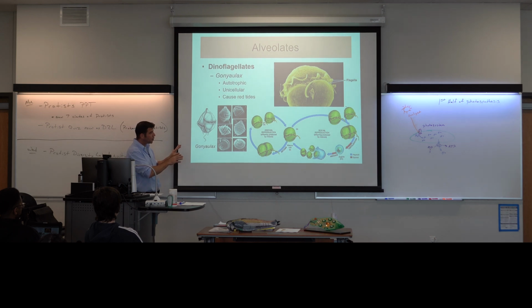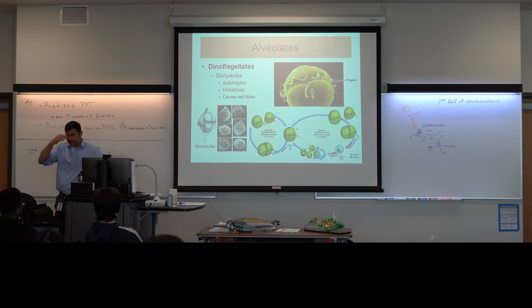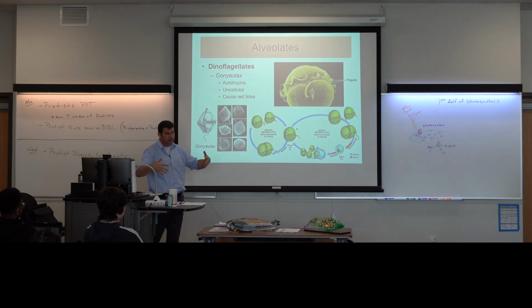And maybe the story behind these dinoflagellates that you see in Texas news articles, typically in September and October. What's going on is that in September and October we get a rainy period that comes through here, and in the Rio Grande Valley there are a lot of agricultural farms.